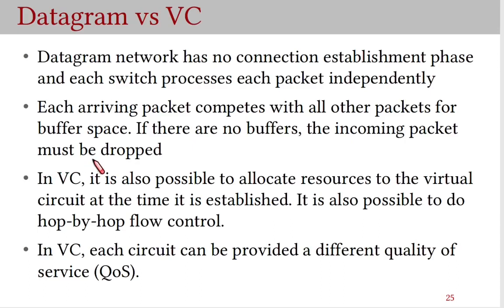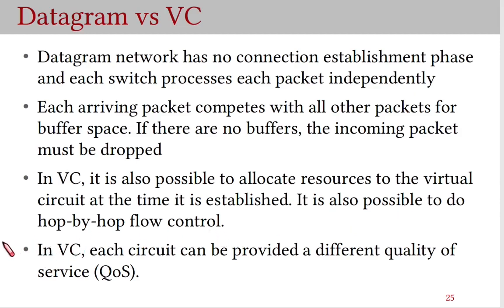In contrast, in the case of virtual circuit, it's possible to allocate resources to the virtual circuit at the time it's being established. So we may allocate buffers to circuits so that at least they don't compete with other flows for buffer space. And it is also possible to do hop by hop flow control.